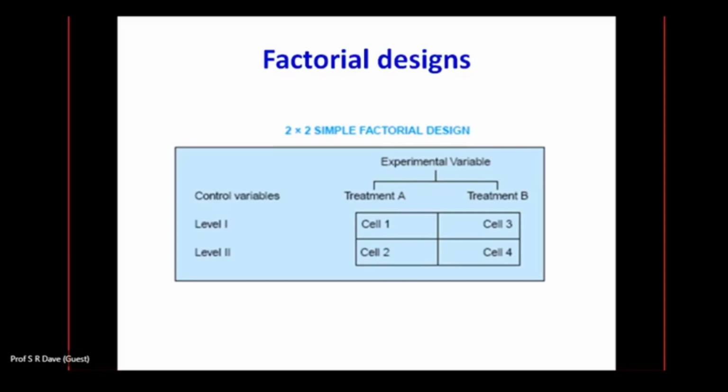Now suppose based on this, if I want to study 3 factors, suppose pH, temperature and salinity, each of the 3 factors at 2 different levels, how many experiments are required?